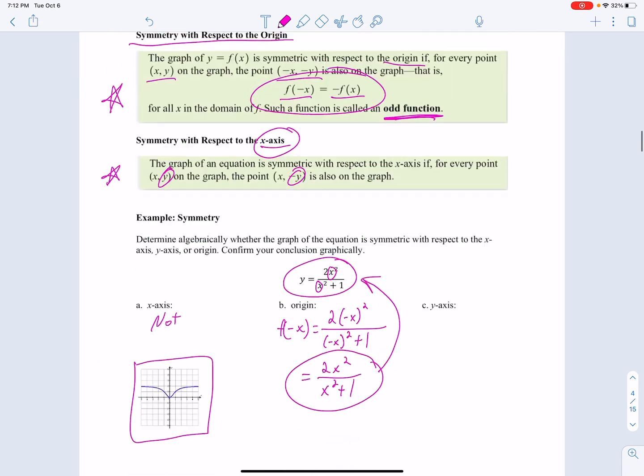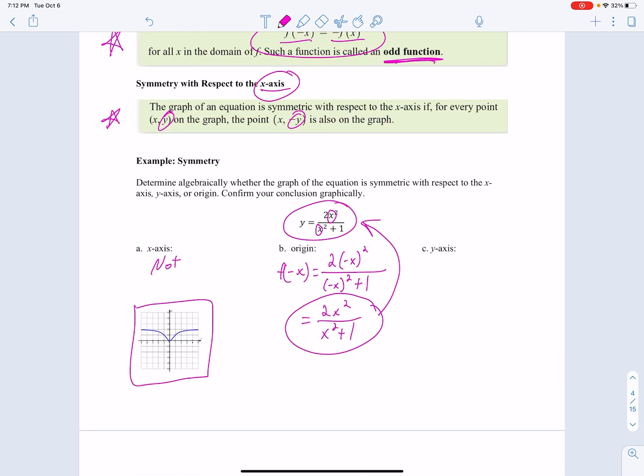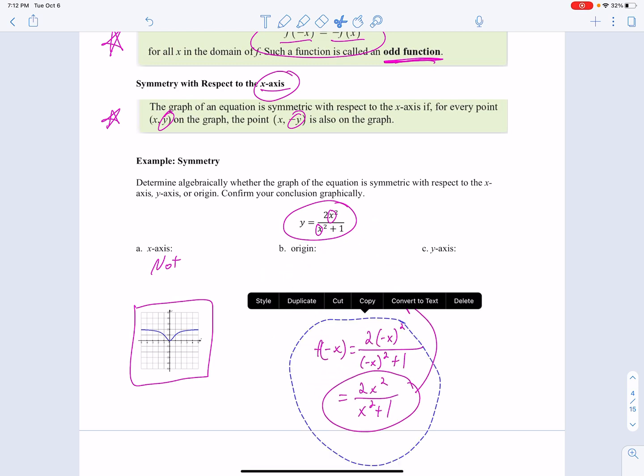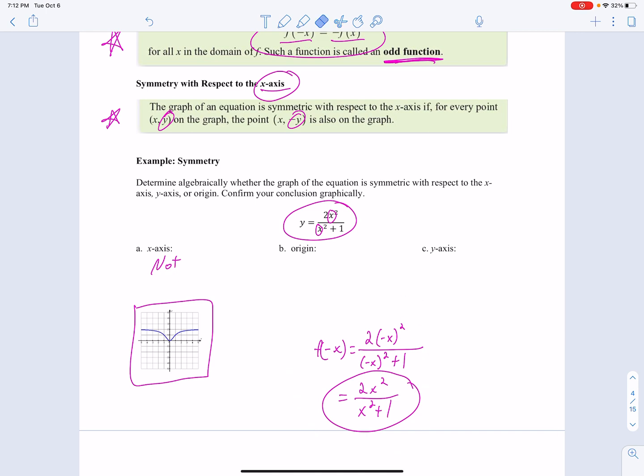Okay? So what that means is we are, I should have left some more room here, my apologies. But we can just make this work. We'll move it down here. There we go. Not symmetric about the origin, but by the test we did here, yes, symmetric about the y-axis, and we can see that in the graph here, right?